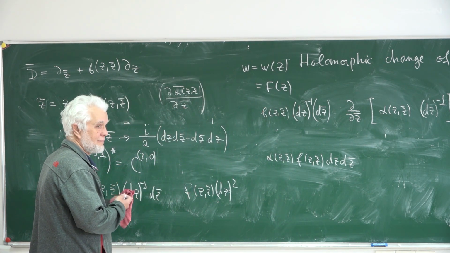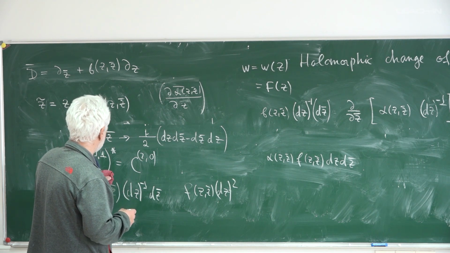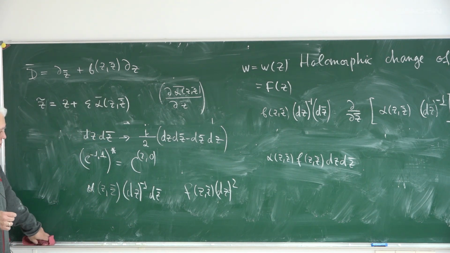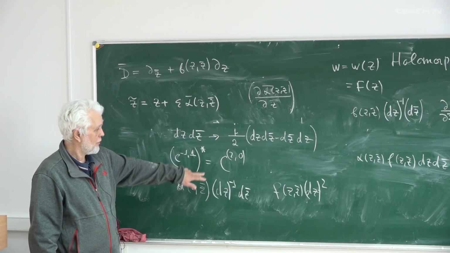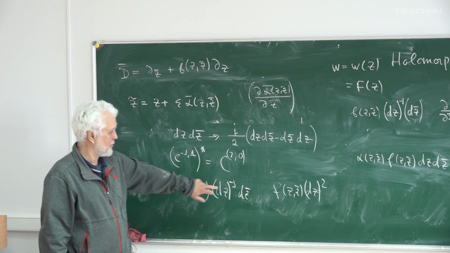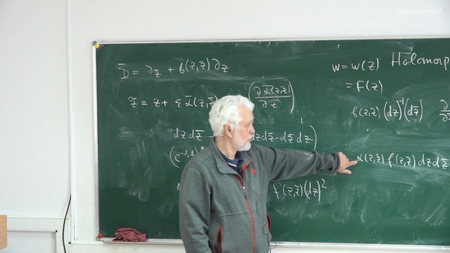Sorry. Why C minus 1 in star? What is dual? You have to multiply the product. Why dual C 2, 0? Because we can multiply this by this and obtain an object of this type.